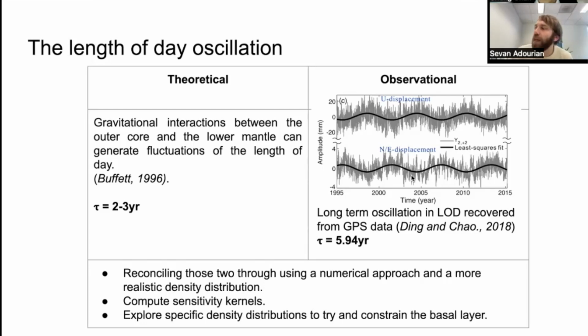Yes, we can compute what theoretically the period would be for a given distribution of density in the mantle. And this is what we're trying to get closer to 6 years rather than the 2-3 years that we see here. So this is why we introduced topography, and a lot of different things.